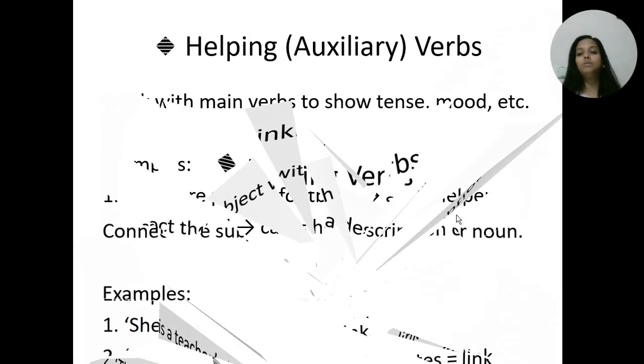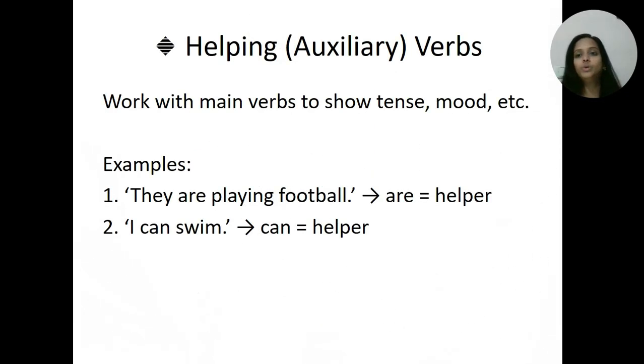The next verb is helping, or we call it auxiliary verbs. Helping verbs are verbs that work together with a main verb to show tense, possibility, necessity, or mood. Alone, they don't carry full meaning, but with a main verb, they make the sentence stronger.